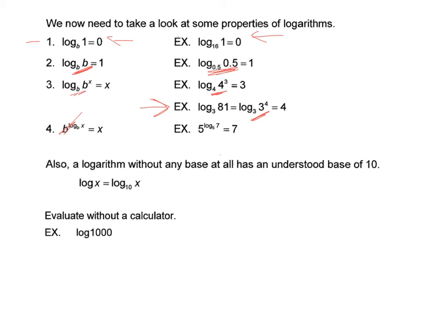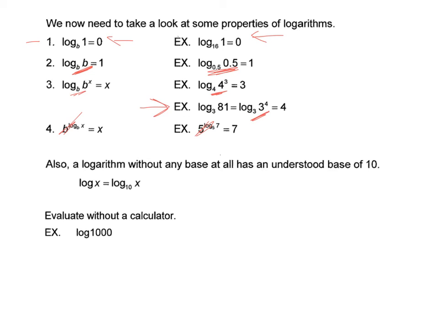So an example would be 5 to the power of log base 5 of 7. Since they both have 5s, they're going to cancel, and you're just left with the 7. And then another little thing to know about, if you have a logarithm that doesn't have any base at all, it's an understood 10. So if it just says log x, it's understood that the base is 10.